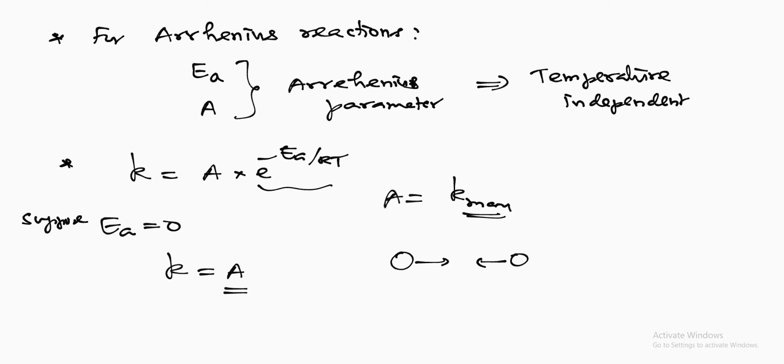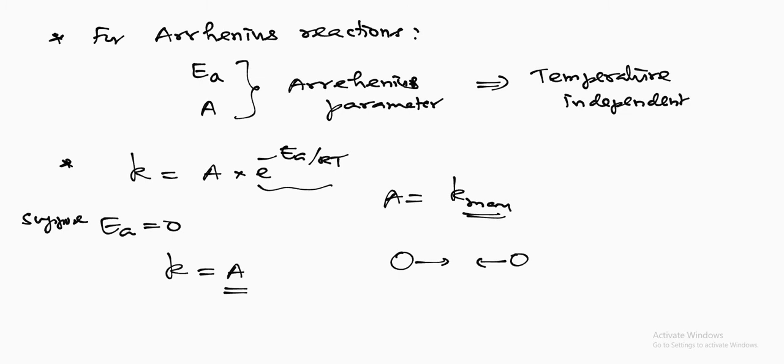A is nothing but maximum K, that is the maximum rate constant possible for the chemical reaction. When will we get the maximum possible rate constant? If all collisions lead to product, you'll get the maximum rate constant. If this is true, then definitely we should get an increase in rate of 200 to 400 times on increasing the temperature by 10 degrees Celsius.